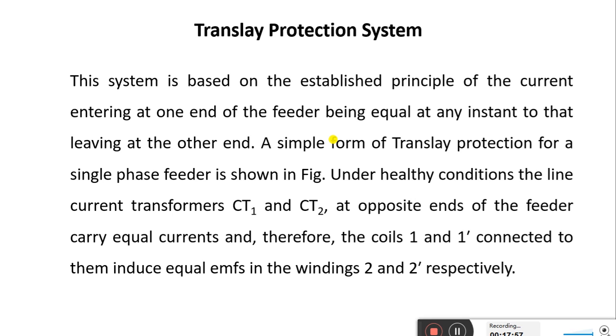Already you have seen. Under healthy conditions, the line current transformers CT1 and CT2 at opposite ends of the feeder carry equal currents, and therefore the coils 1 and 1 dash connected to them induce equal EMF in the windings 2 and 2 dash respectively.